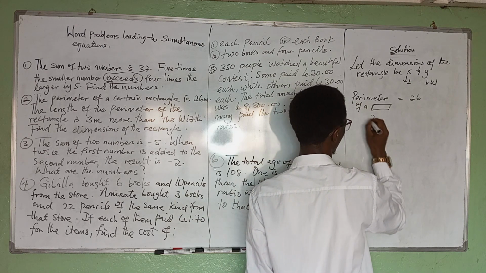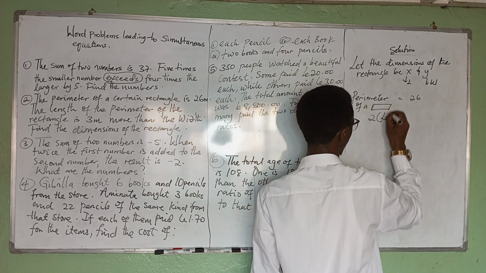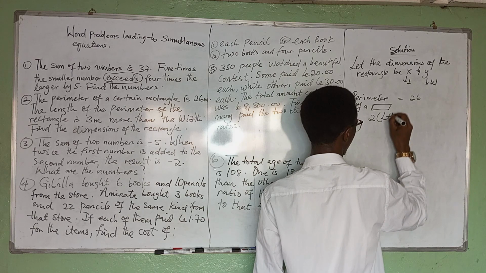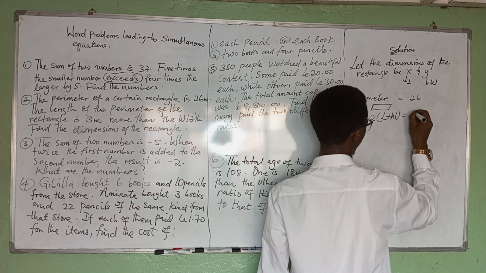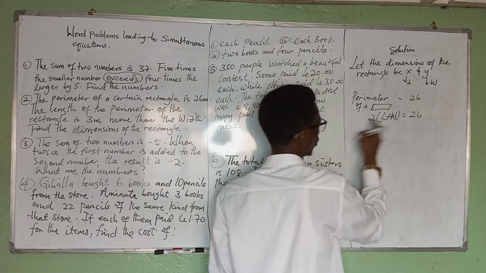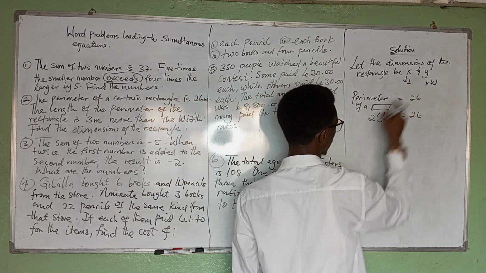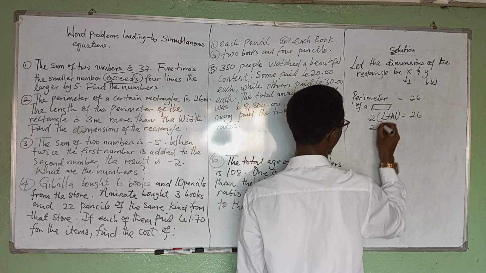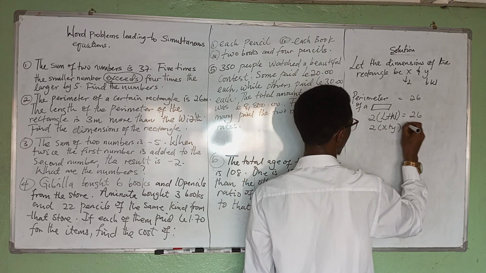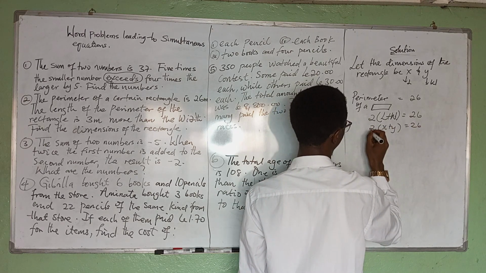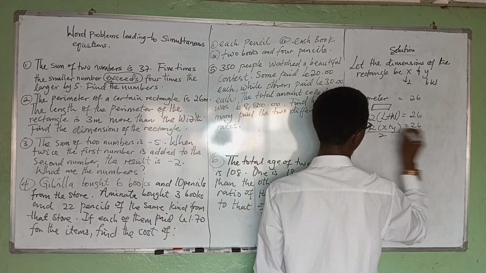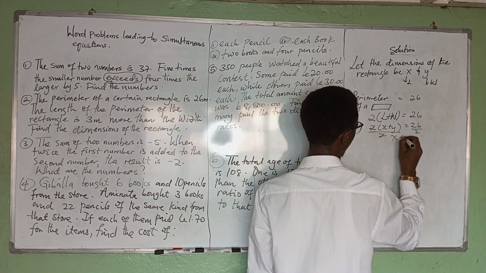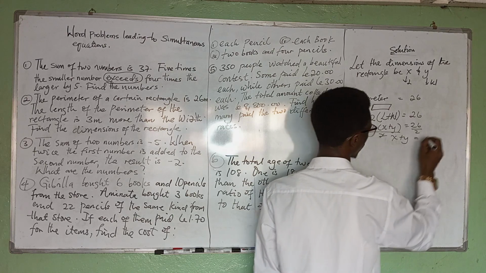Formula. It says 2 into the length plus the width. That gives you the perimeter. But remember, you've let L to be x and W to be y. So this becomes 2 into x plus y equals 26. If we divide by 2, this and this go. So we have x plus y equals to 13.